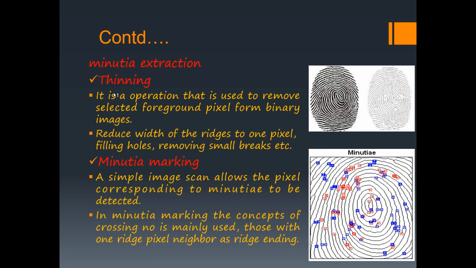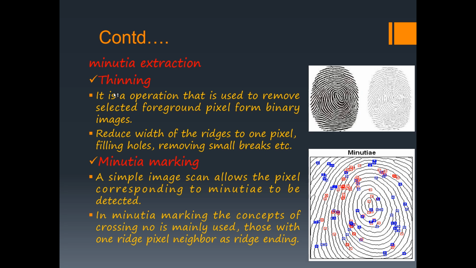Under the minutiae extraction process, there is the thinning process and then minutiae marking. Thinning is an operation used to remove selected foreground pixels from binary images, reduce the width of the ridges to 1 pixel, fill holes, remove small breaks, etc. Then in minutiae marking, a simple image scan allows the pixels corresponding to minutiae to be detected.